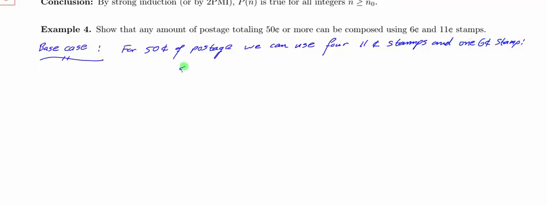So 50 cents worth of postage can be written as 4 times 11 cents plus 1 times 6 cents. Now, in this example, it turns out we are going to need multiple base cases.